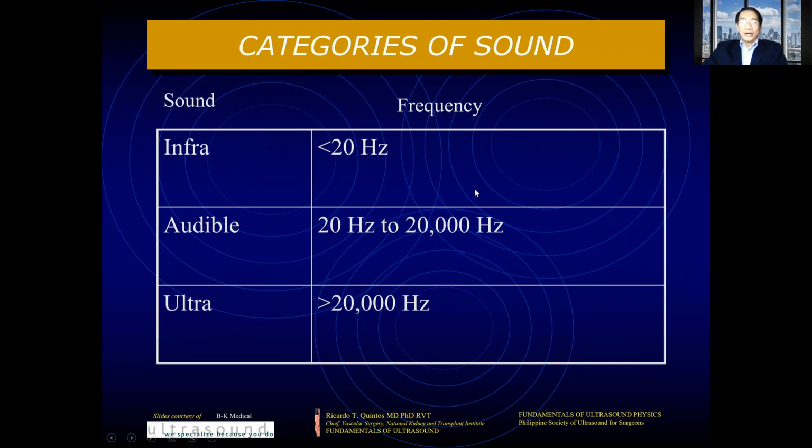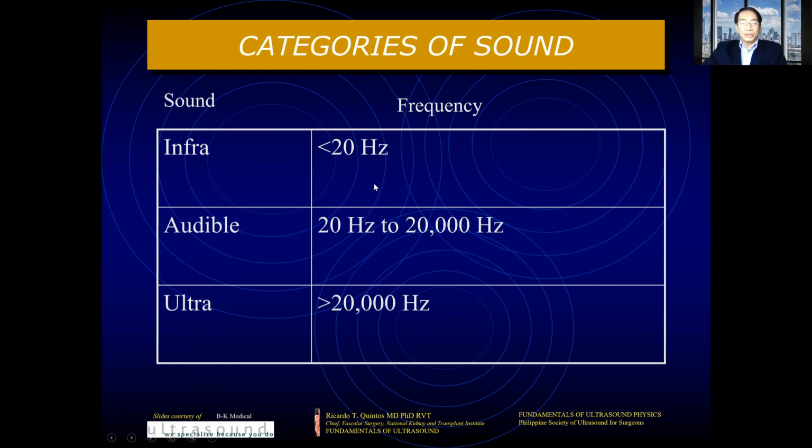The different categories of sound are as follows. We first start with audible sound, and this is the reference point, which is the sound audible to humans. The frequencies that humans are able to hear and detect with their ears are sounds that vibrate from 20 hertz to 20,000 hertz.